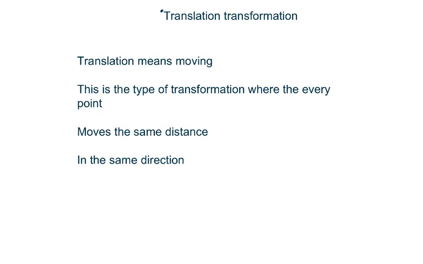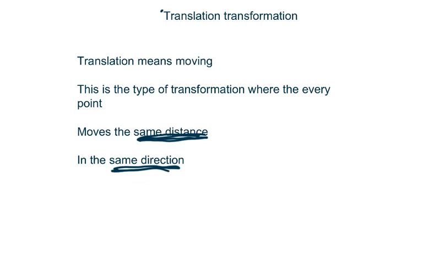This is a type of transformation where every point moves the same distance and in the same direction. So every point moves, but remember it is a rigid transformation, so there's no enlargement. Therefore, every point of the shape is going to move in the same direction.